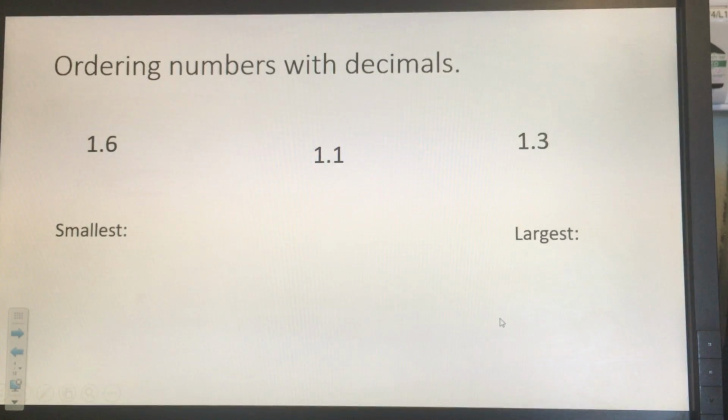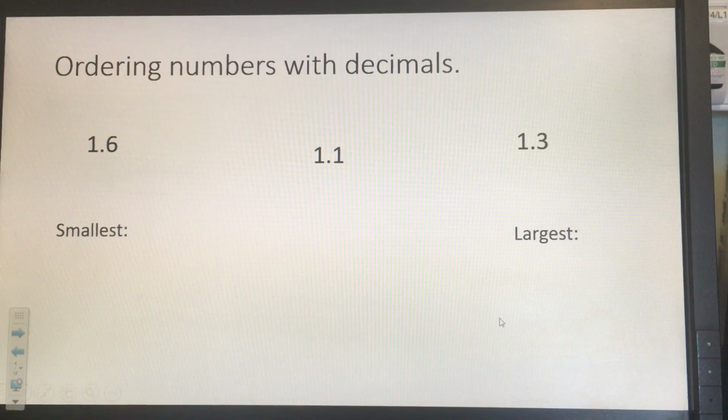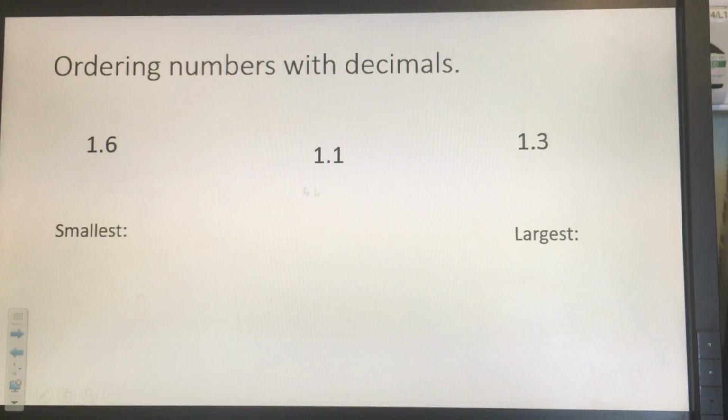So we're now going to look at ordering numbers with decimals. Yesterday we were comparing 2 numbers. We're now going to compare more than 2 numbers. So again, I'll start off by looking at the ones column. These 3 numbers all have just 1 one. So I'll look at the tenths.